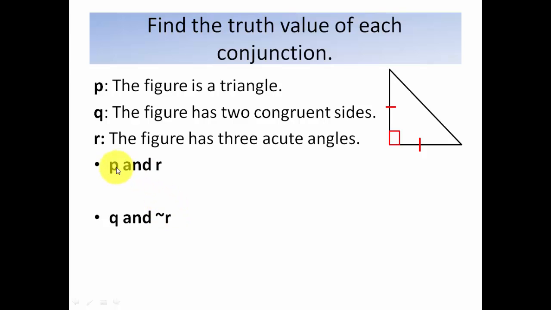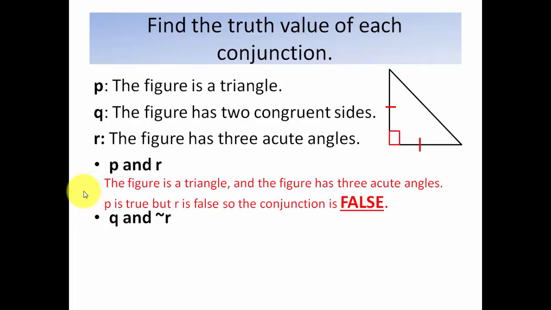So I need to write the conjunction and then determine the truth value. So for P and R, my conjunction is going to be the figure is a triangle and the figure has 3 acute angles. P is true, but R is false, so the whole conjunction is false.